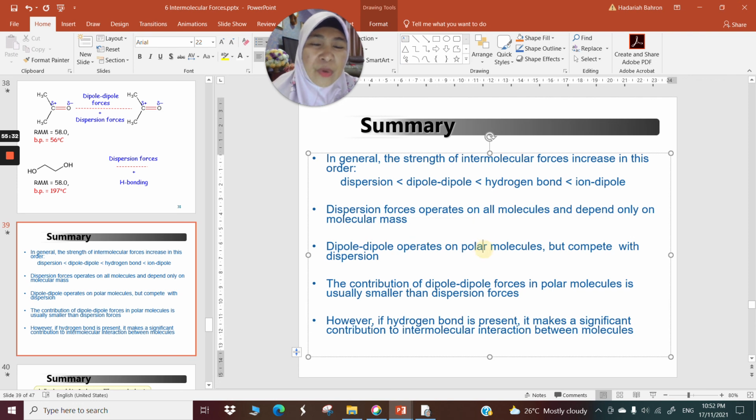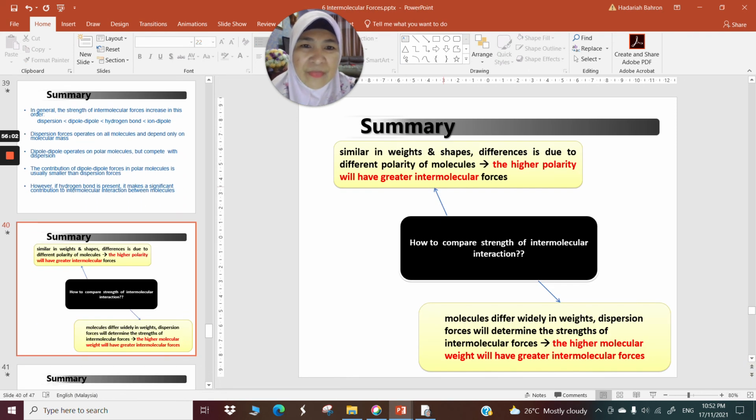Dipole-dipole operates on all polar molecules but competes with dispersion, and the contribution of dipole-dipole forces in polar molecules is usually smaller than dispersion forces. However, if hydrogen bond is present, it makes a significant contribution to the intermolecular interaction between the molecules. So, if there is a hydrogen bond, then you're going to have boiling point increasing significantly.